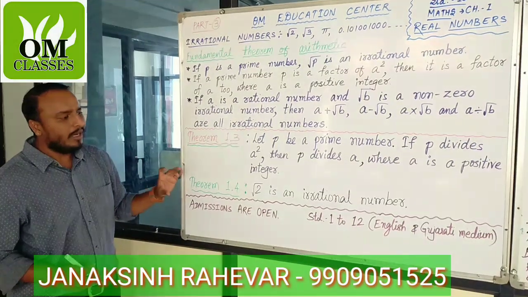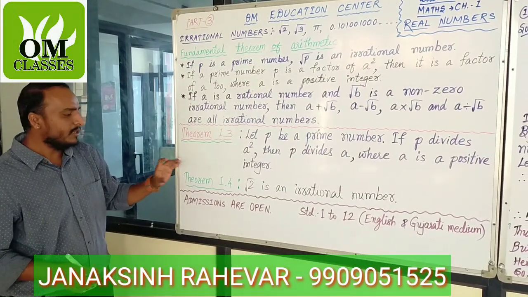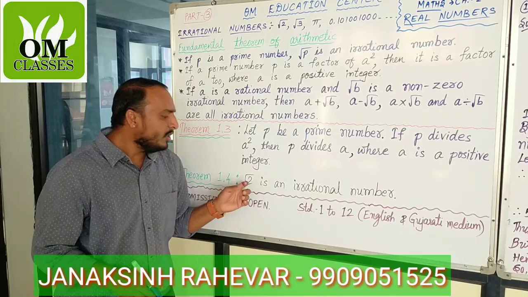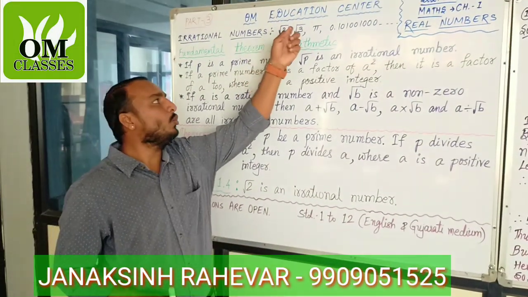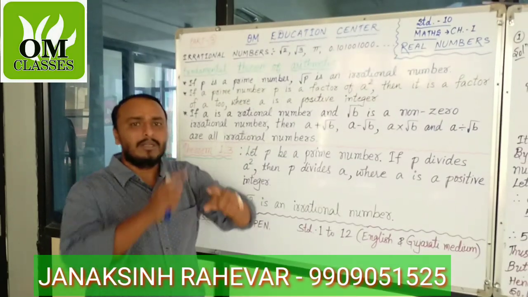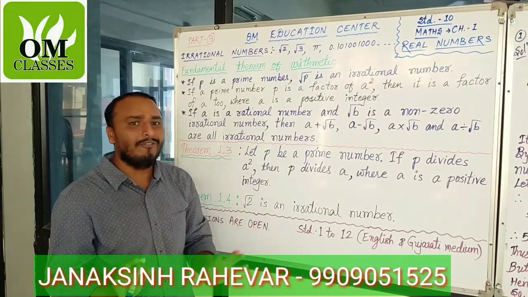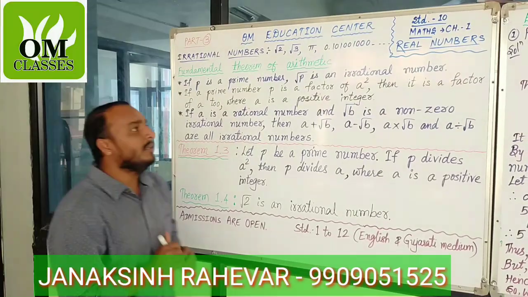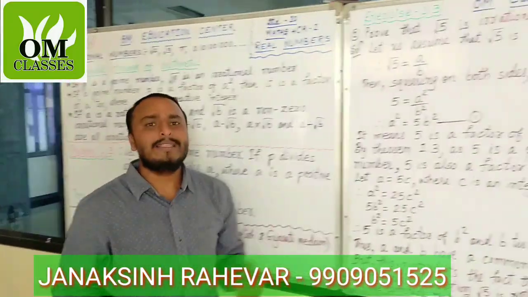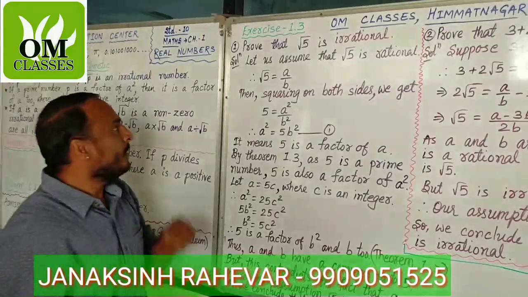Theorem 1.4, I have not written many things about this because it is very simple. Root 2 is an irrational number. Already we have studied root 2, root 3. Any prime number inside the root is always an irrational number.